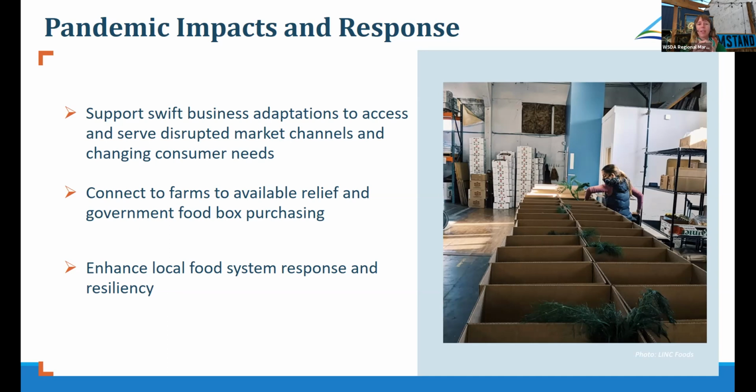So restaurants, cafeterias, takeout, maybe the deli counter at the grocery store, but ready to eat food. So for nearly half of the food we ate, we were eating in those types of settings, which of course is everything that shut down in order to accomplish social distancing at the beginning of the pandemic. And so that massively disrupted supply chains for really every scale of farm and food business in the country.